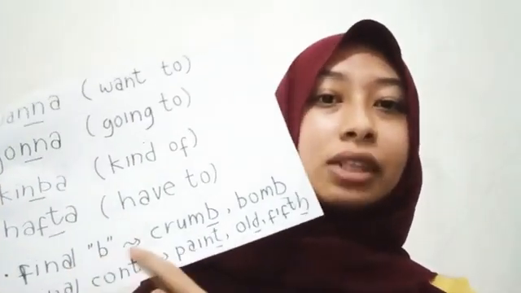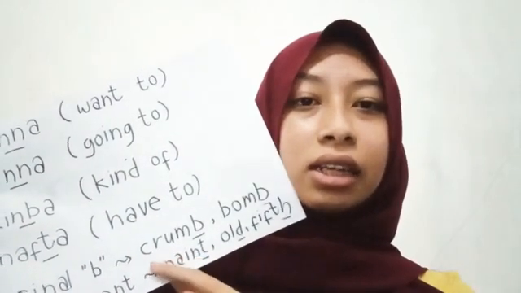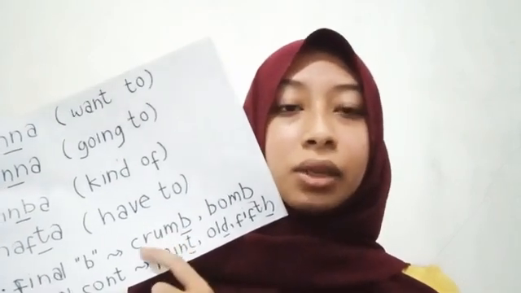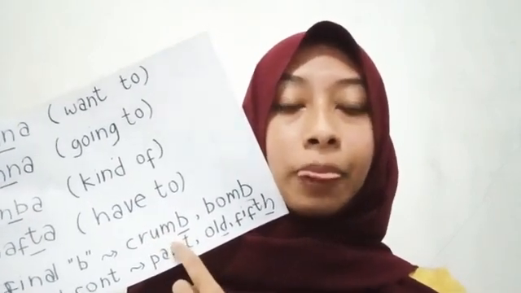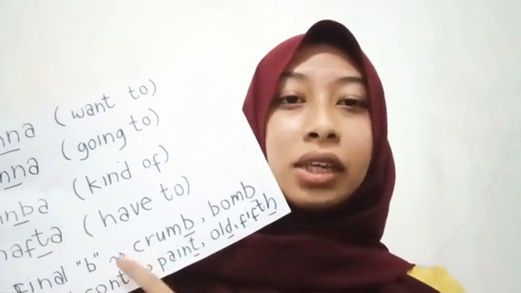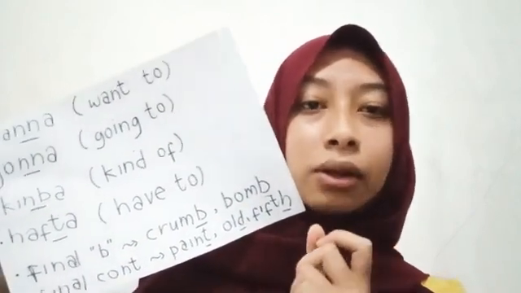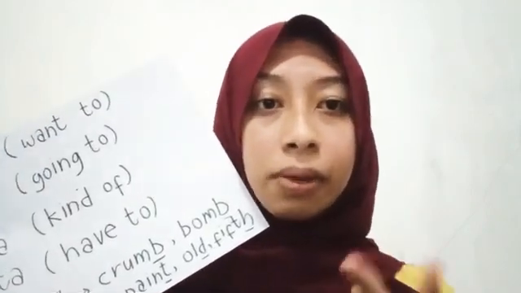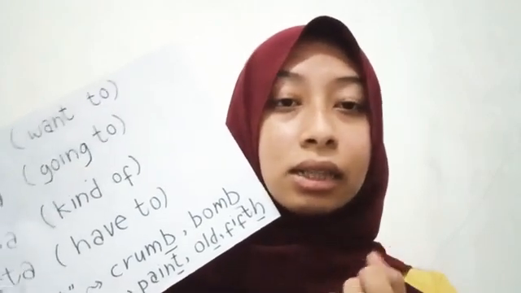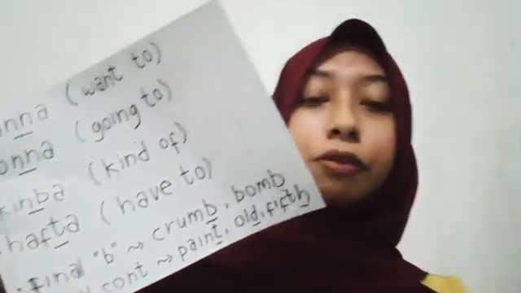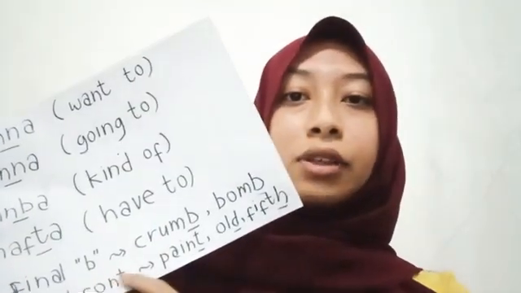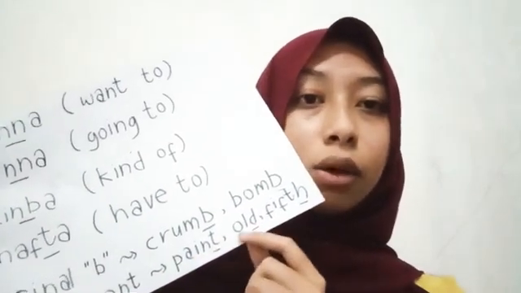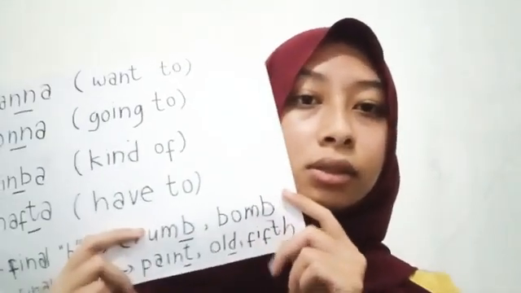Another is the final B. When the final B comes after an M, we can omit the B sound, like in crumb and bum. These are actually spelled crumb and bum, but we pronounce them without the B. And for the final consonant, we have paint, oath, and fifth.